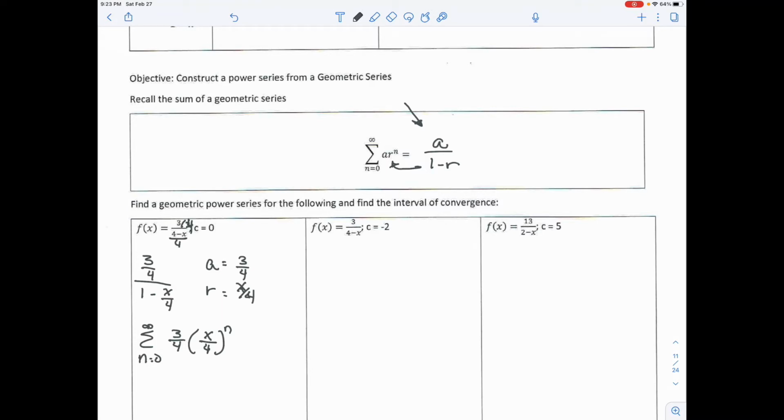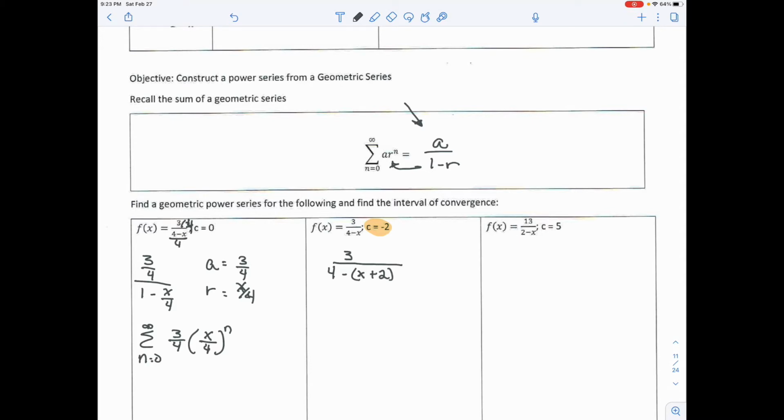In this example, we have a center of -2. So recall that when we have a center of -2, we would have to write this as 4 minus x plus 2. It's plus 2 because remember we have to subtract it. We cannot willy-nilly just add a 2 in there.